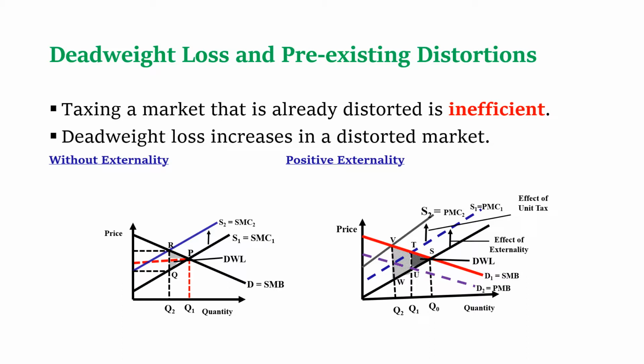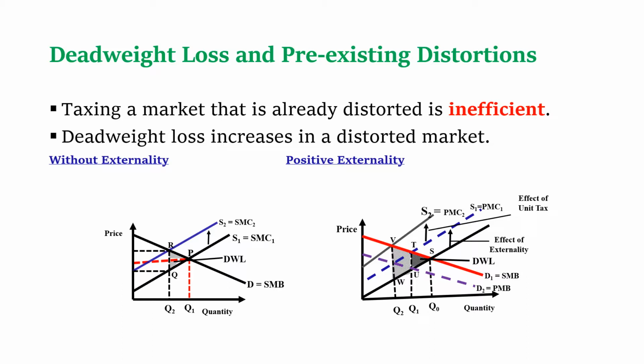The market is already distorted, and now you levy a tax, it's going to increase the inefficiency. So taxing a market that is already distorted is an inefficient policy.